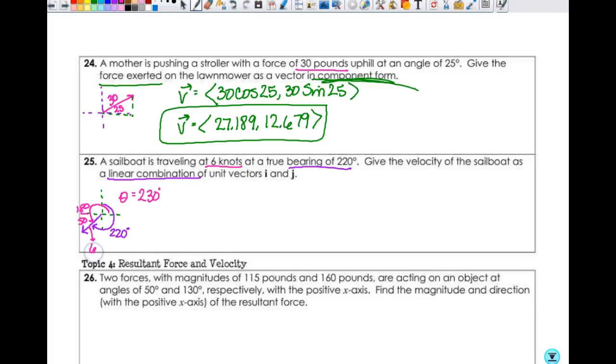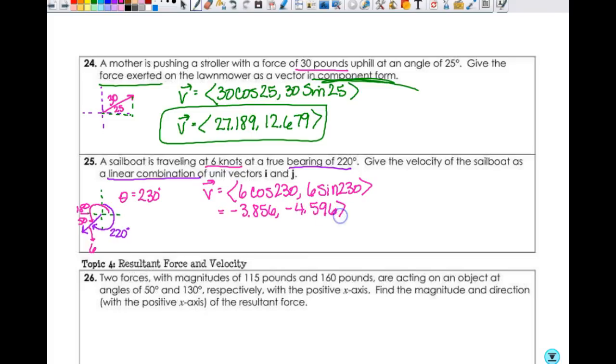This is 6 knots. So that means that the vector is equal to 6 times the cosine of 230, 6 times the sine of 230. So I'm going to find it in component form first, and that's going to give me negative 3.856, negative 4.596.